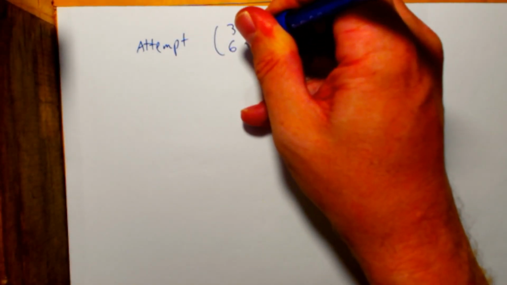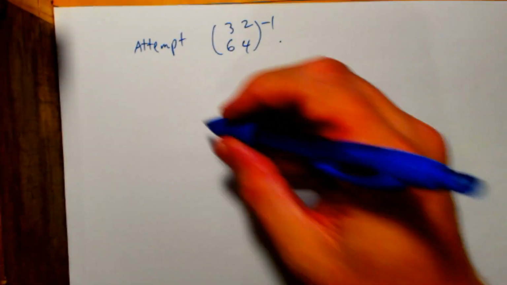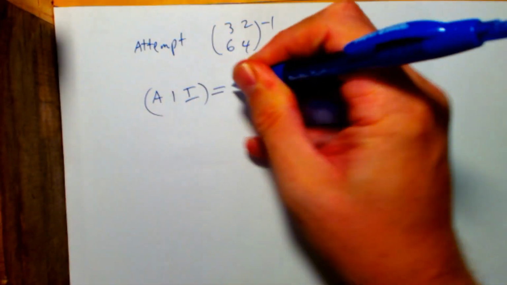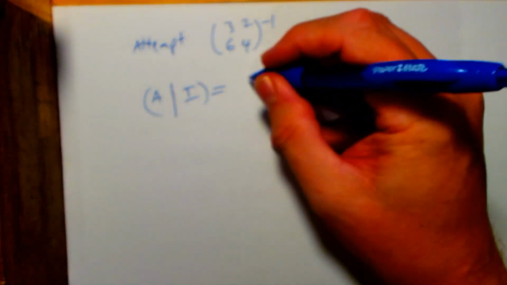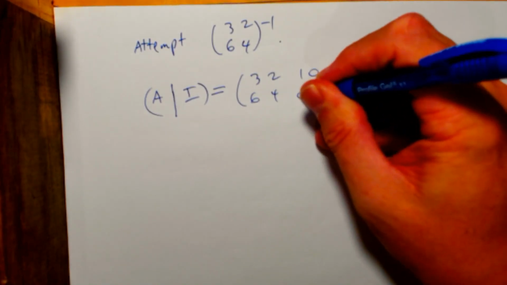And I've got to get the focus fixed. There we go. So attempt to find this. Okay, so what we'll do is we'll set up A I, so we've got 3, 2, 6, 4, identity matrix.